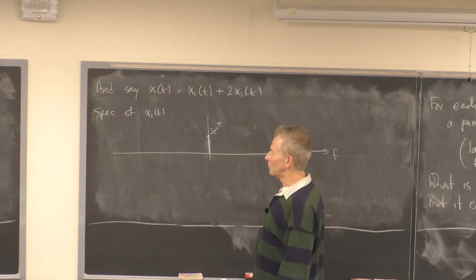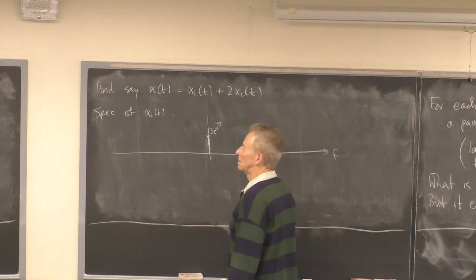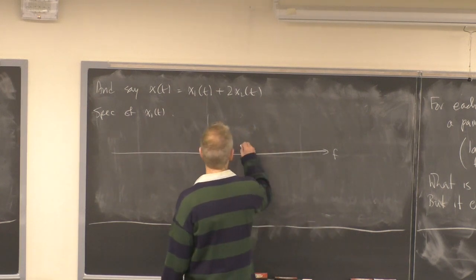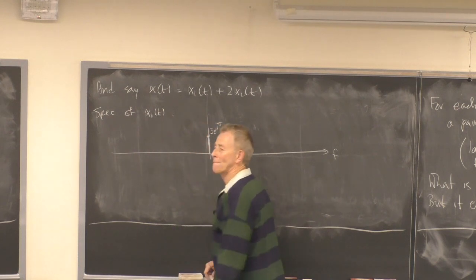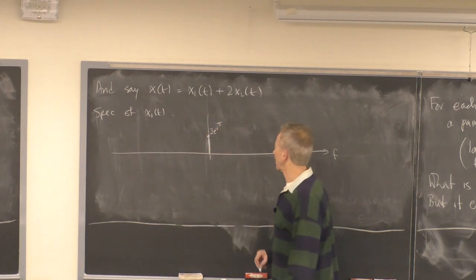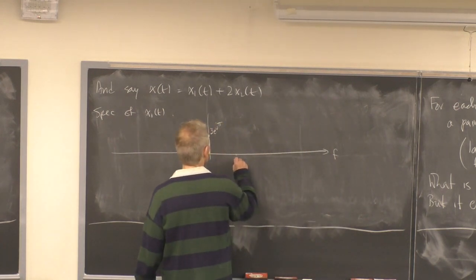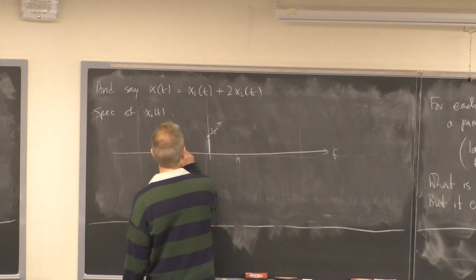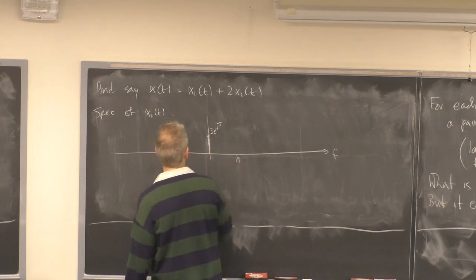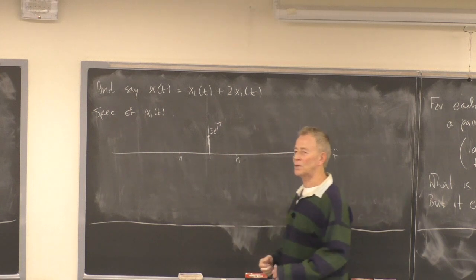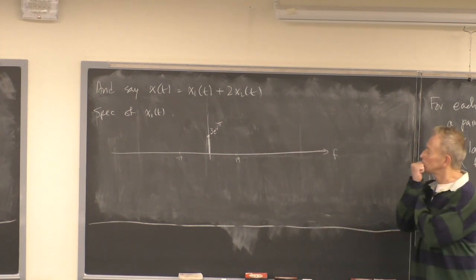All right, and then we have a stem at 19. What length is that stem going to have? So say this is 19. We're going to have stems at plus and minus 19 that have the same length.